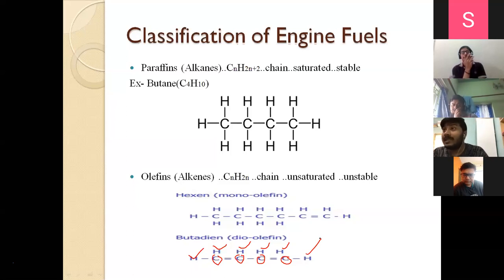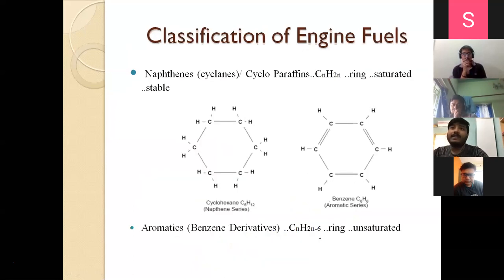So let us move on to the next category, naphthene. Though it has the same formula as olefins, it is cyclic, or cyclanes. The formula is the same as olefins, that is CnH2n. It is ring, saturated, and stable. You have to remember the characteristics of all these fuels.